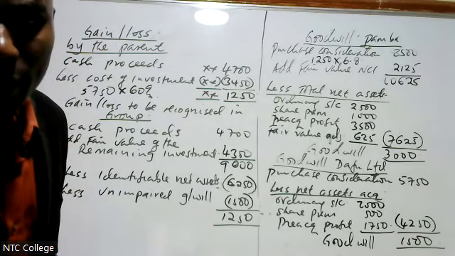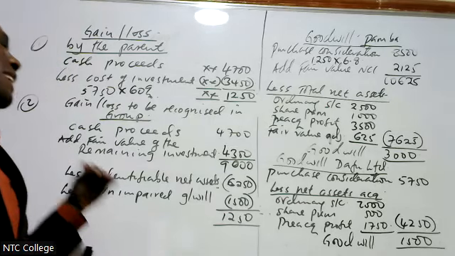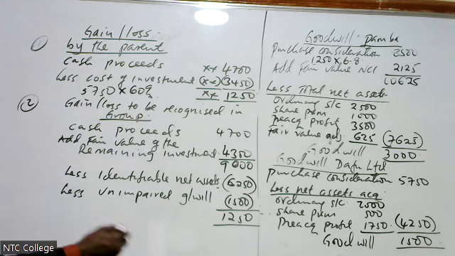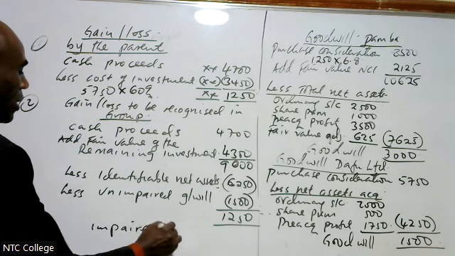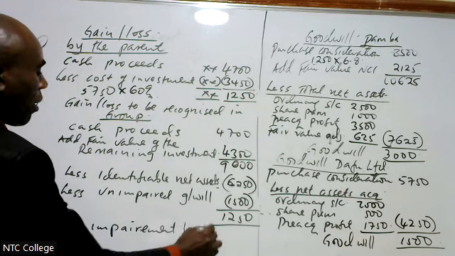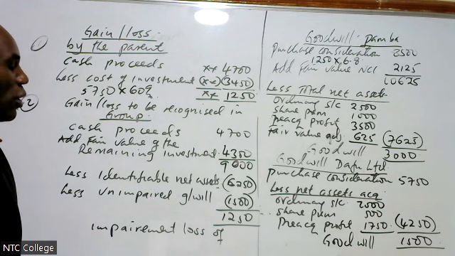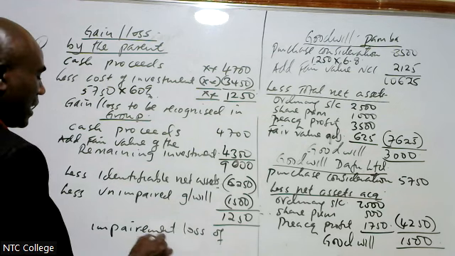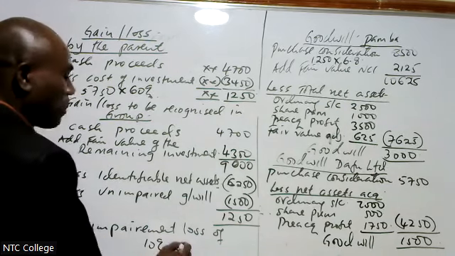Now, Florence, you are asking, does it mean that the one that was disposed was unimpaired? Yes, we are saying unimpaired. Suppose we have an impairment loss, let me assume it was 10%.